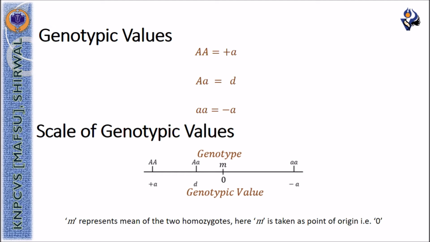In this scale of genotypic value, small m represents the mean of the two homozygotes, and here m is taken as the point of origin, that is 0. This point of origin 0 denotes that +a and -a are being placed at equal distance from 0 or m.